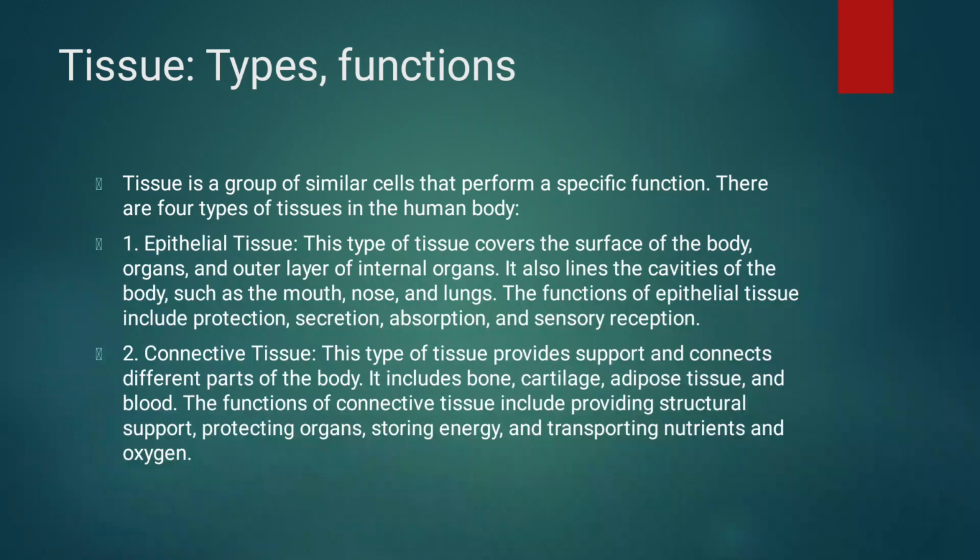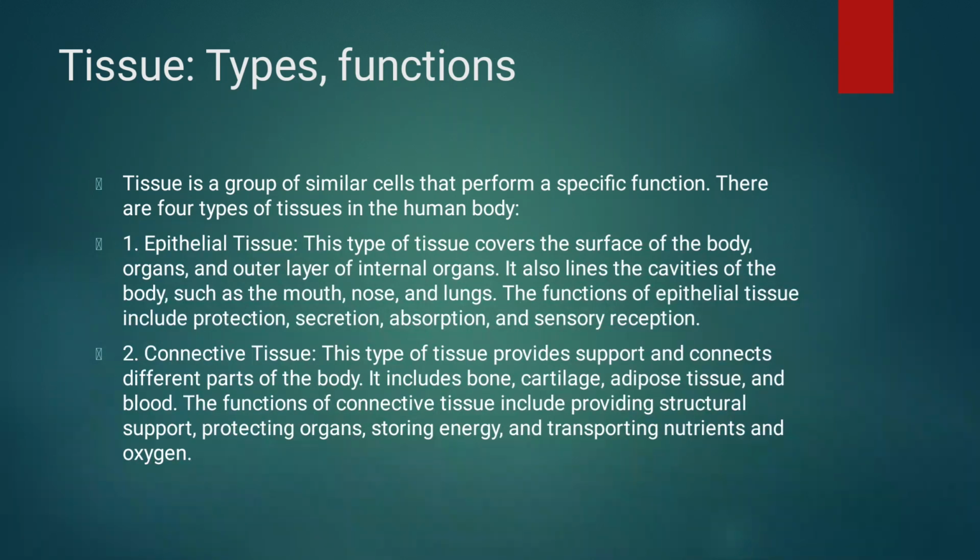Epithelial tissue is the tissue that covers the outer surface of the body or organ, and the outer layer of internal organs. It also lines the cavities of the body such as the mouth, nose and lungs. The functions of epithelial tissue include protection, secretion, absorption and sensory reception.